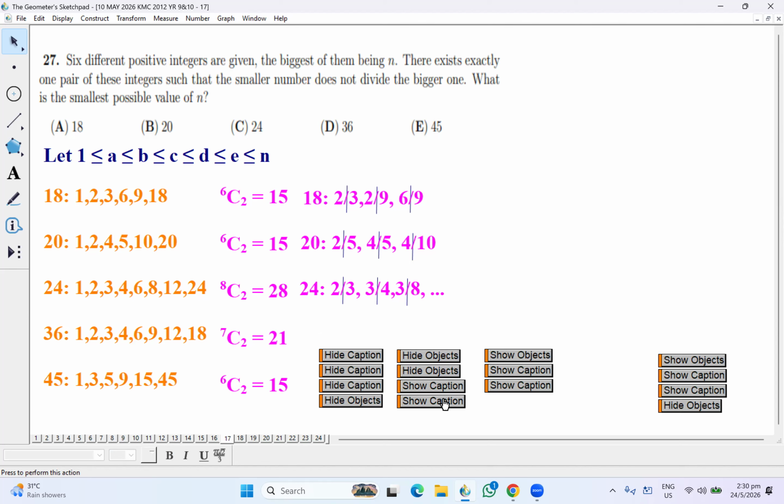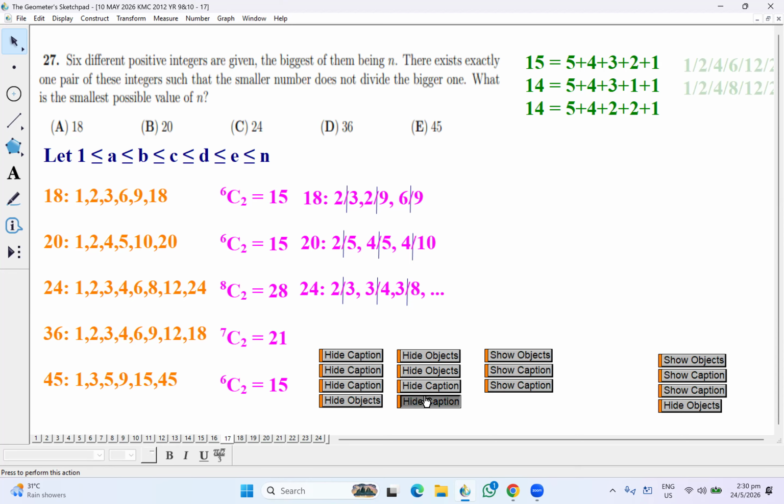So you will see why I write 15 pairs. You'll see the working first.